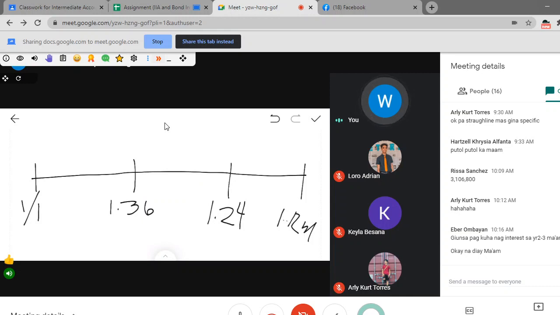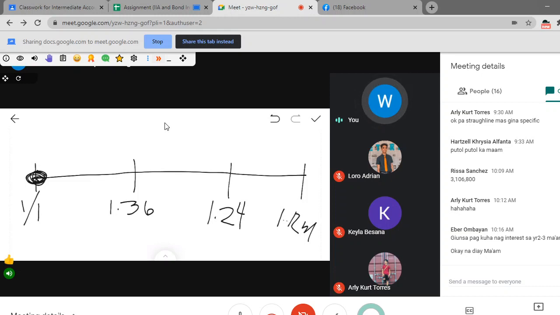Why do we use present value factor of 1 for 1 period para sa 1.36? It's like this. Atong ihapon, pila ka dugay or unsa ka dugay gikan sa ato ang measurement padulong sa receipt. What do I mean by that? Kanus-a ta nag-measure og market price? 1-1, tama? January 1.